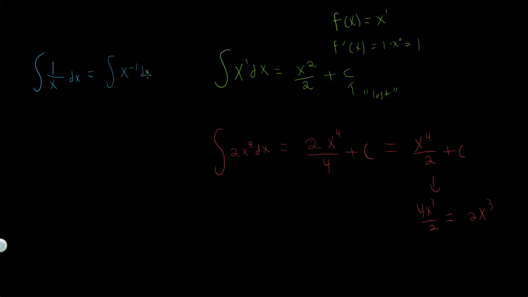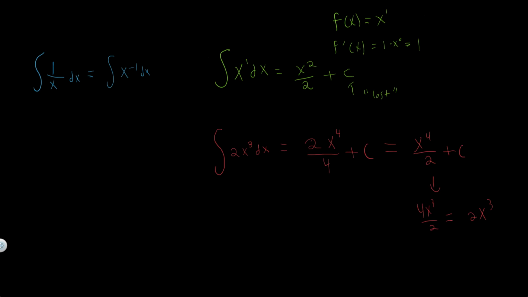In this case, if we add 1 using the anti-power rule, it's going to be x to the 0, and that's just going to be 1. And if we check that, the derivative of 1 is just 0. So that means 1 is not the antiderivative of this. So there's a special case here.